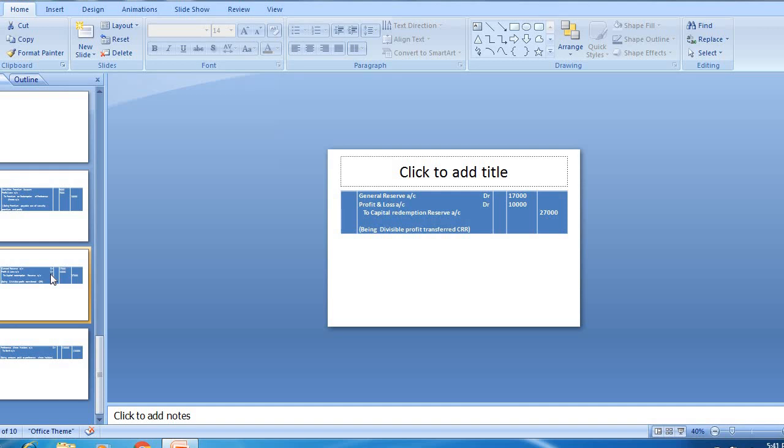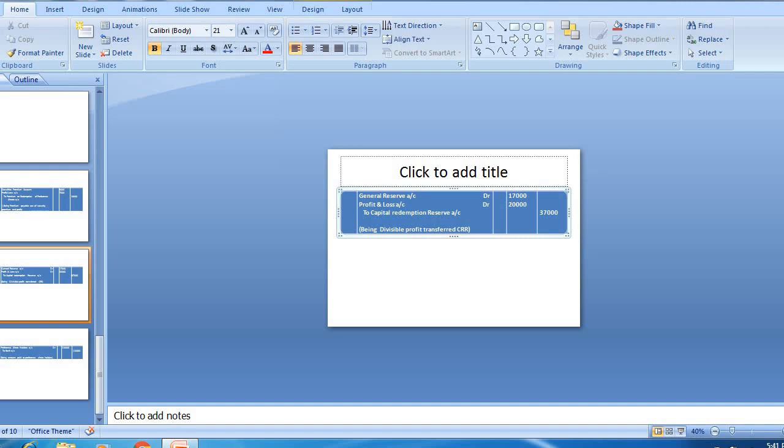Now we can get the amount out of a very, very important source called general reserve. Out of general reserve we can raise 17,000, which is given in the problem. So how much do we still need? Still we need 20,000 rupees.